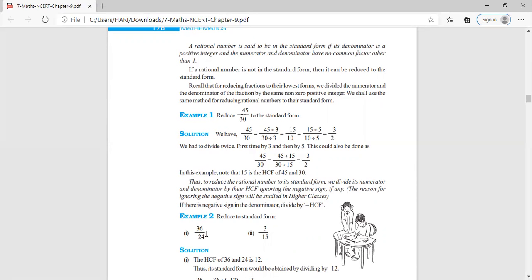Then 36 into -1 will become -36, and -24 into -1 will become 24. That means the denominator will become positive and the numerator will be negative.